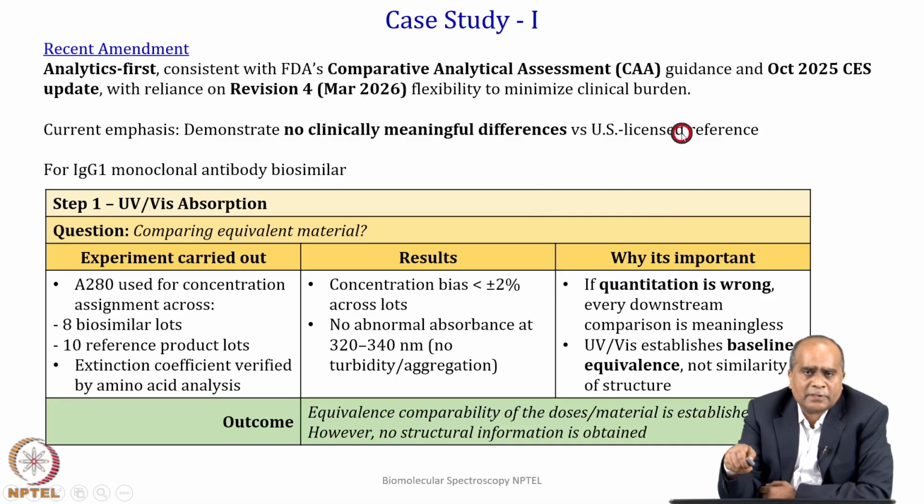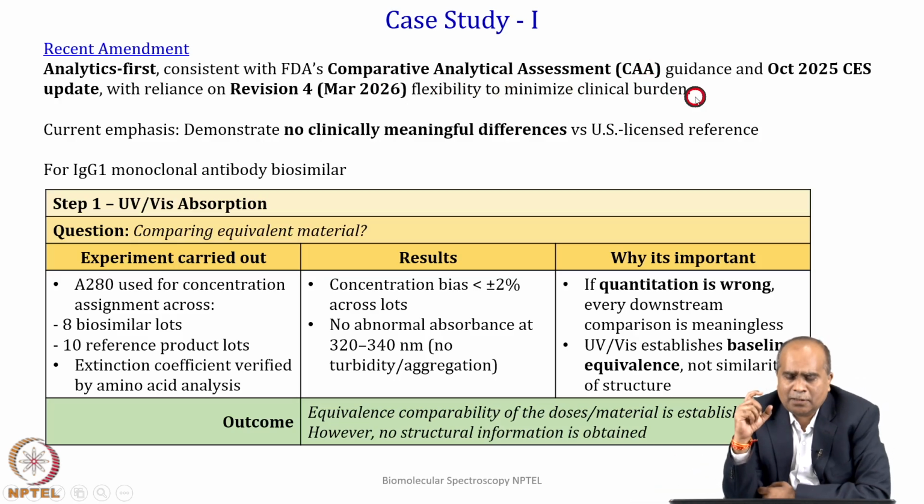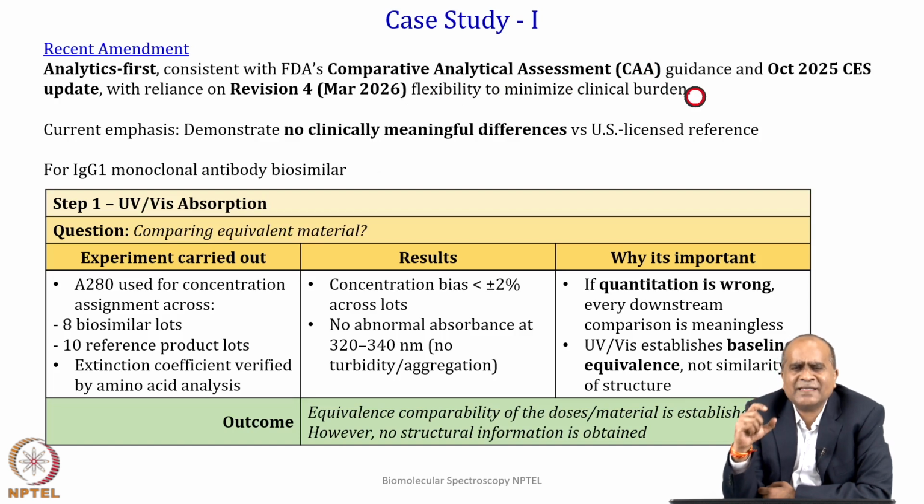It says there is flexibility to minimize the clinical burden. Just take a minute. For drug development, how many animals are killed for doing preclinical work or looking at tox analysis and many of these? If you are making a biosimilar, a biosimilar is just a carbon copy of an already approved drug. Why do you have to kill an animal?